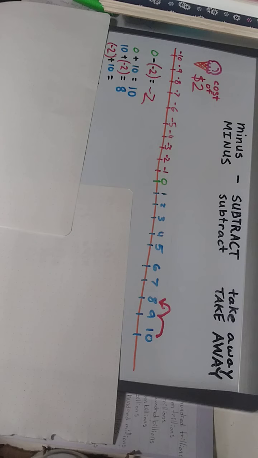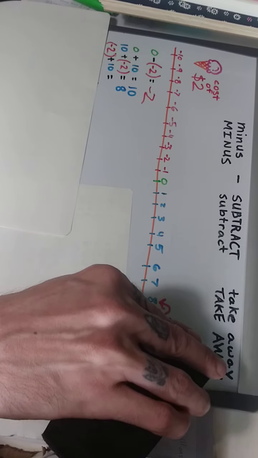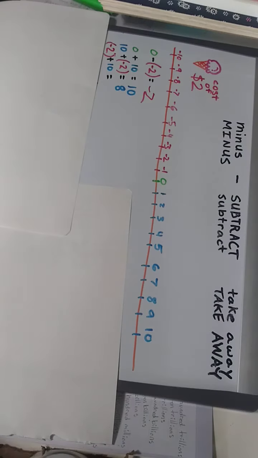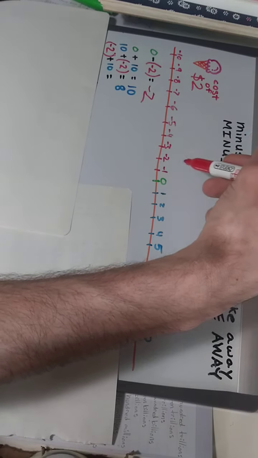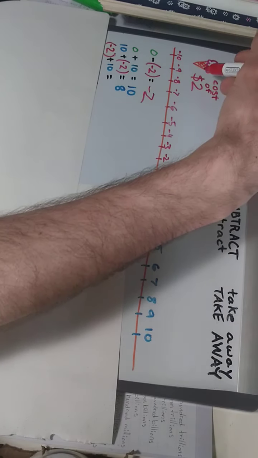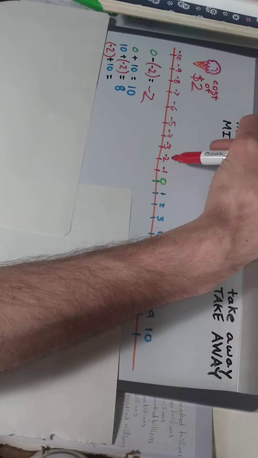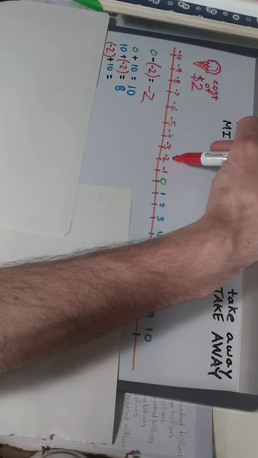Then we could flip this equation around and end up with the same result. We start at -2 because we're thinking, okay, I want that $2 ice cream, so I'm going to be out $2.